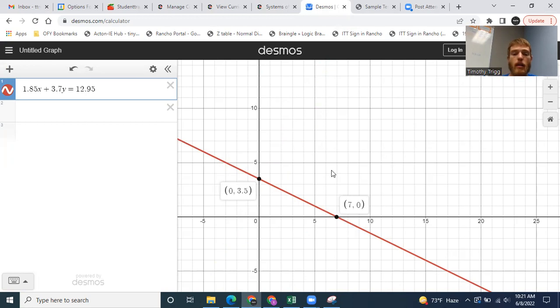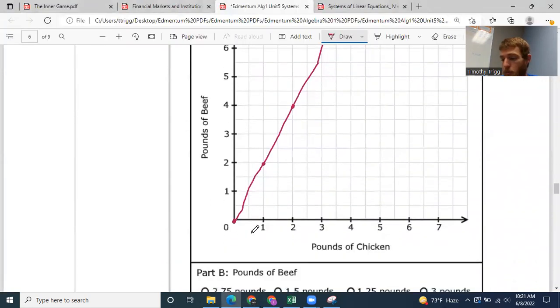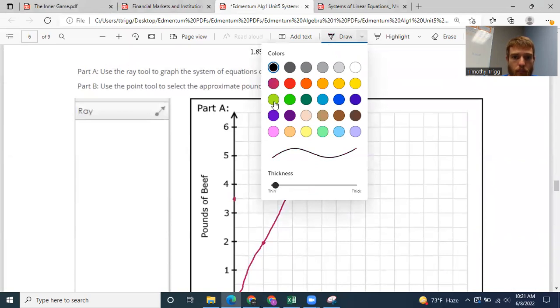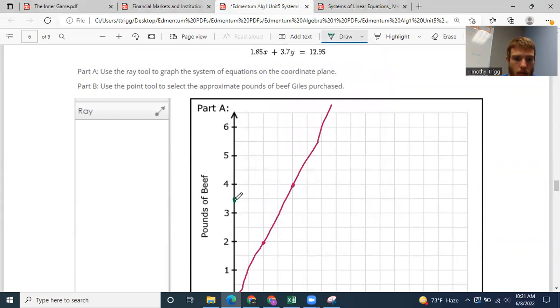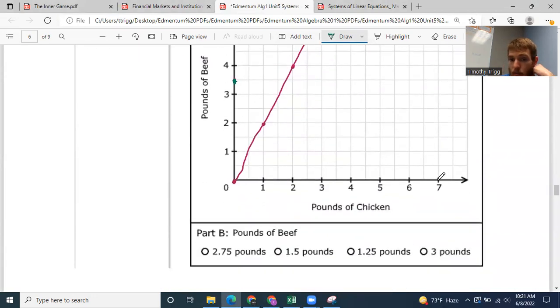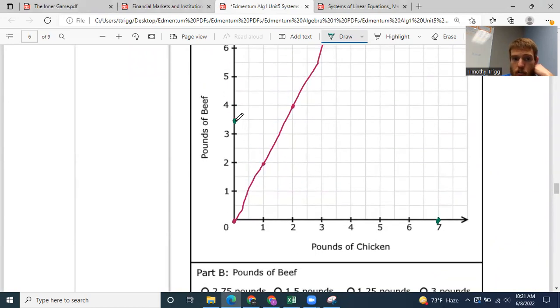Okay, so then when I go ahead and graph it, we know it goes through 0, 3.5. So 3.5 is right here. I'm going to use a different color, maybe green. 0, 3.5, and then 7, 0 right here. And you could use the ray tool to go like that.